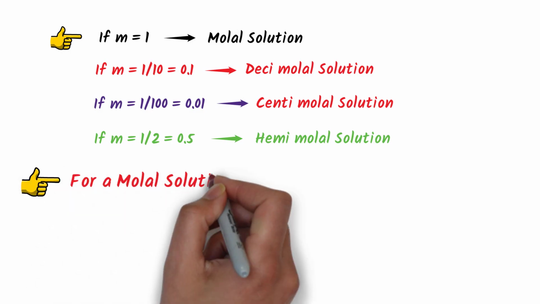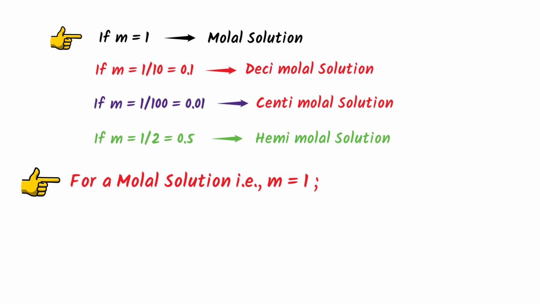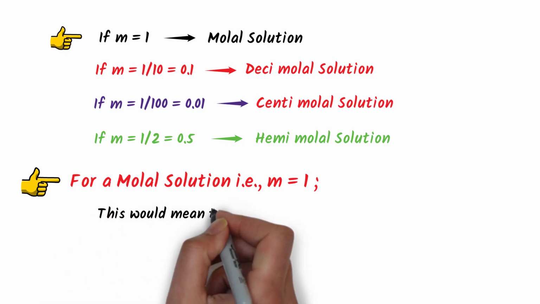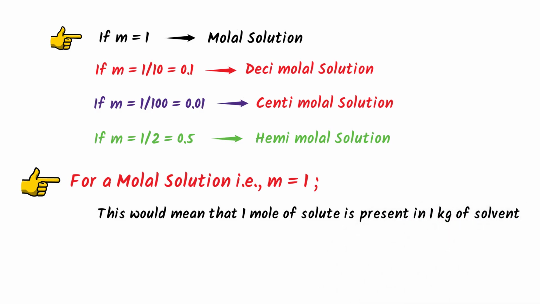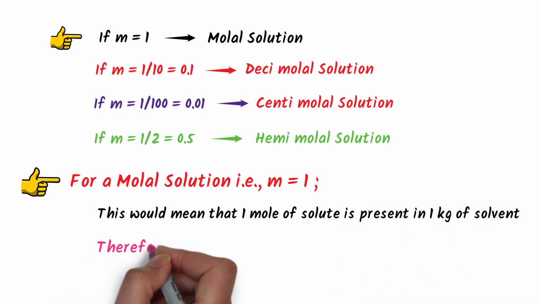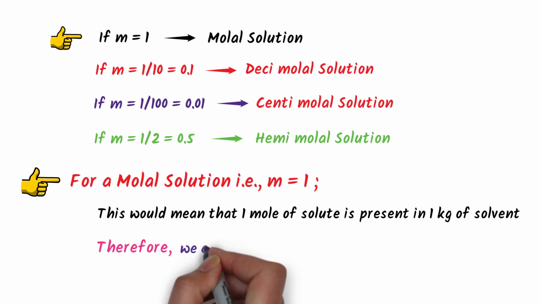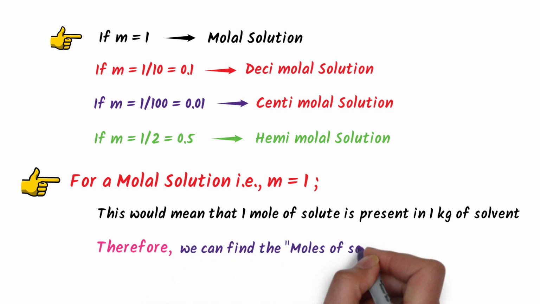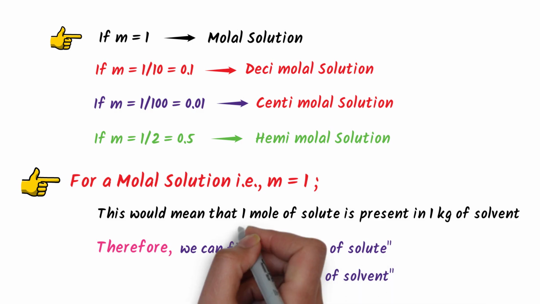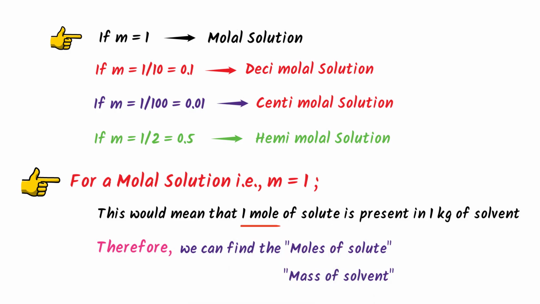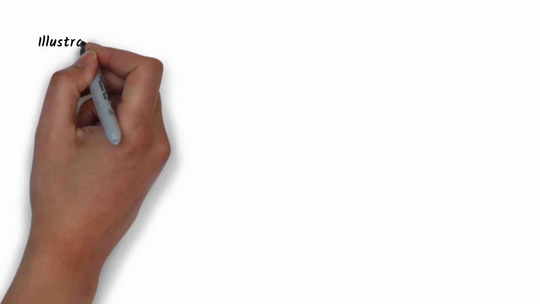Now, for a molal solution, that's molality equal to 1, this would mean that 1 mole of solute is present in 1 kilogram of solvent. Therefore, we can find the moles of solute and the mass of solvent. Here in this case, the moles of solute will be 1 and mass of solvent will be 1 kilogram or 1000 grams.